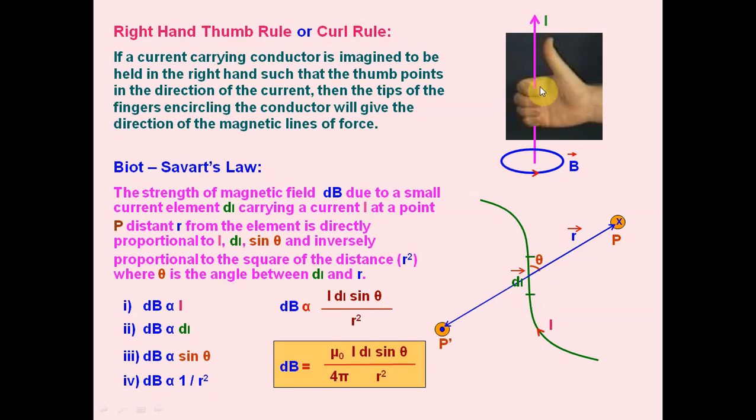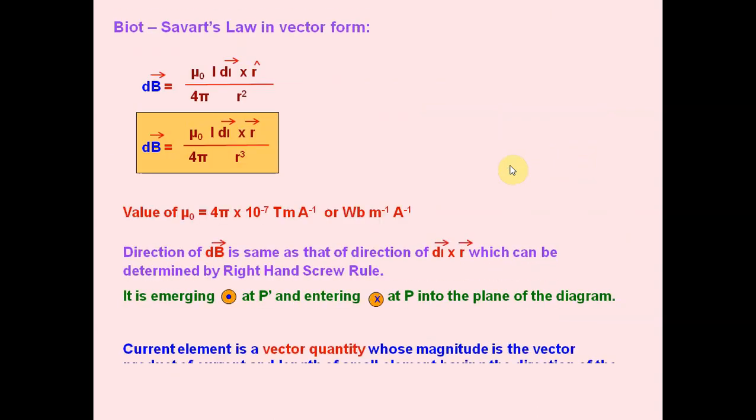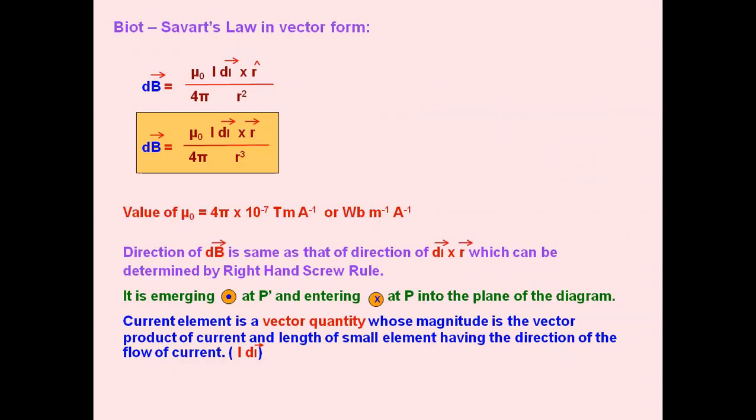Here is the screw rule. If we have current in this direction, then the curl of fingers gives the direction of magnetic field. So here again we can take the direction of B on the basis of right hand screw rule.